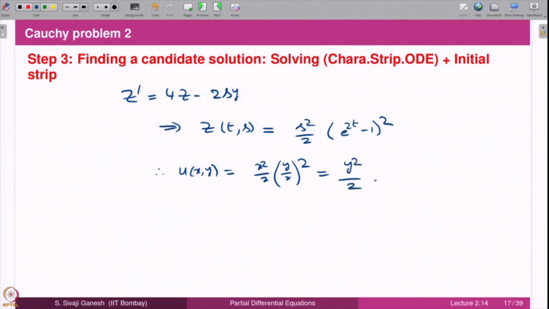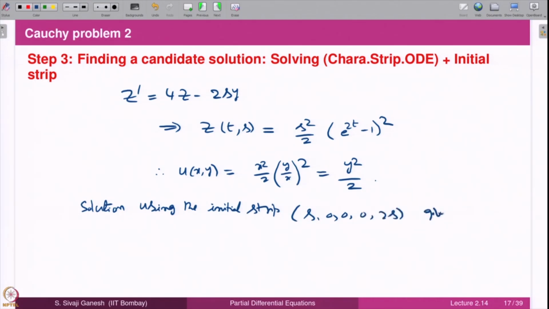That is a solution, and solution using the other initial strip, what was that? S, 0, 0, P was 0, Q was 2s gives u of x, y is equal to y by 2 into 4x minus 3y.